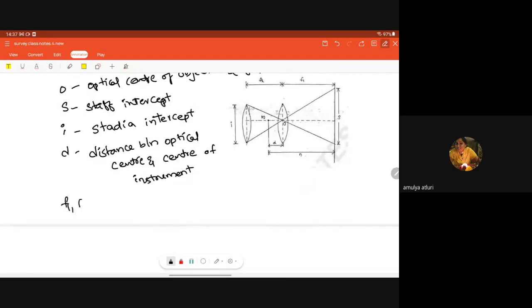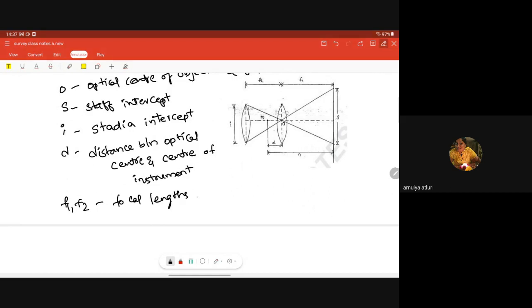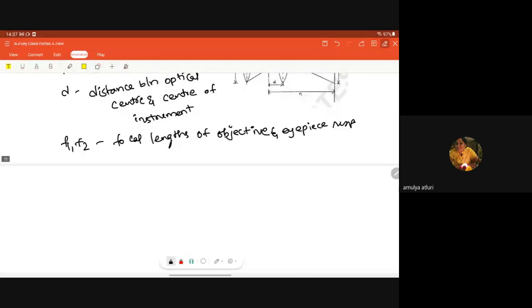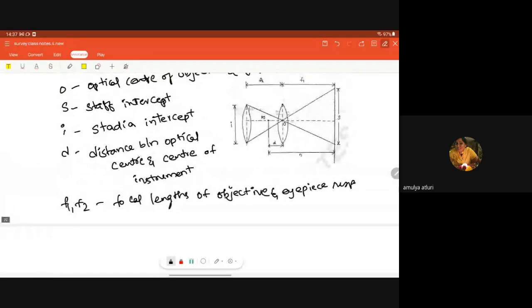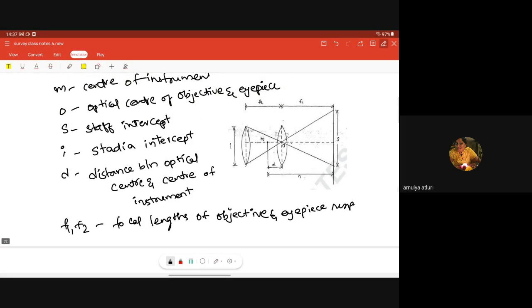F1 and F2 are the focal lengths of objective and eyepiece respectively. Okay, these are the terminologies used here.